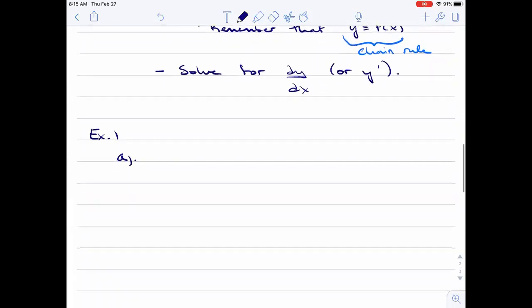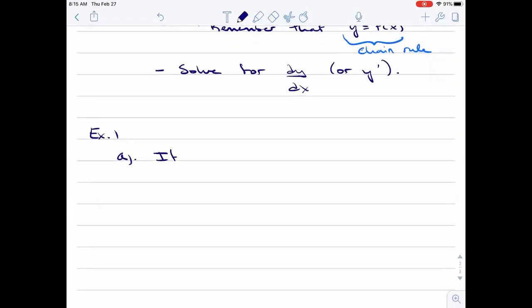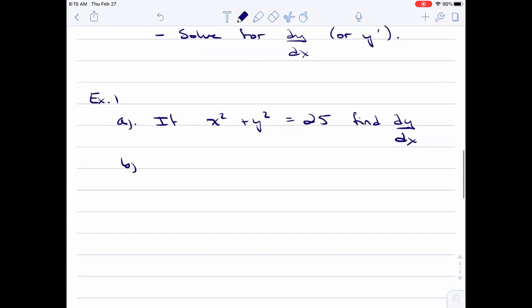We'll start nice and slow. If x squared plus y squared equals 25, find dy dx. So find the derivative of y in terms of x. And then, remember that the derivative is the slope of the tangent line, right? And so we're developing a function for the slope of the tangent line.